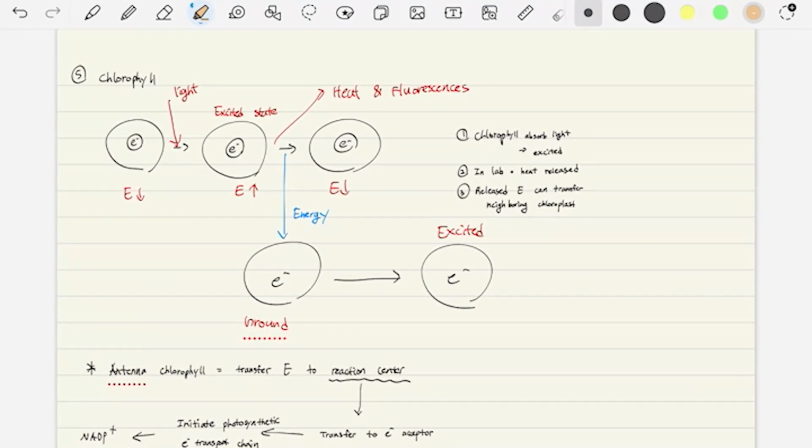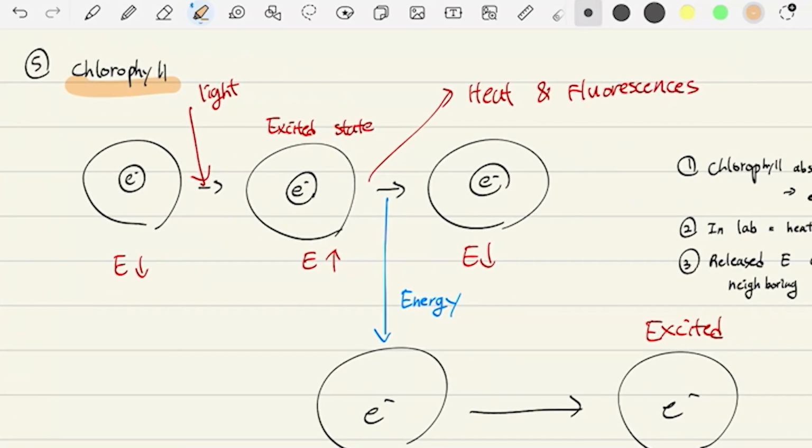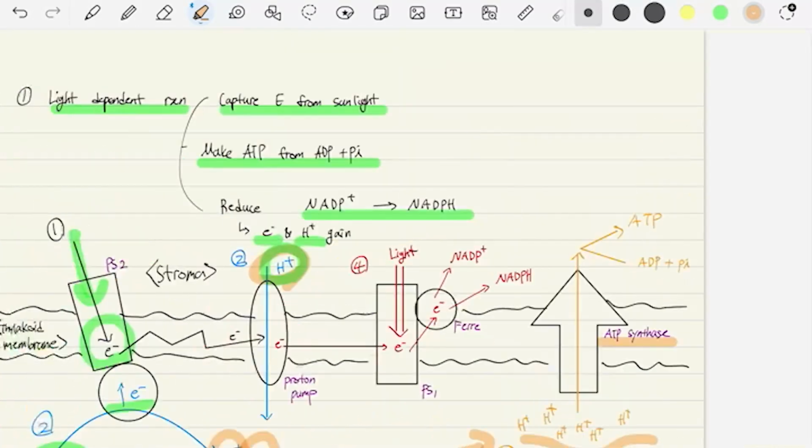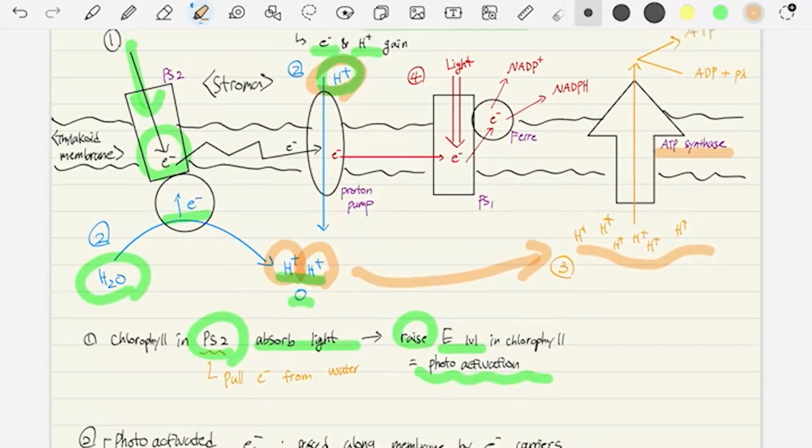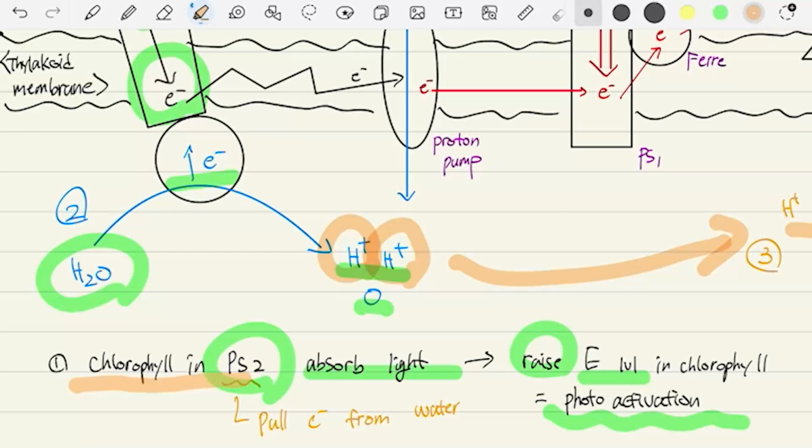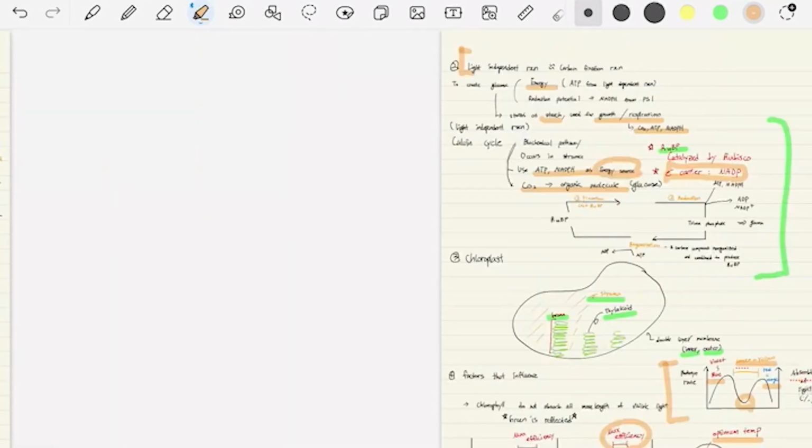Let's talk a little bit specifically about chlorophyll. So this is how chlorophyll looks before getting the light. As I said in the light-dependent reaction, the chlorophyll in photosystem 2 absorbs the light.